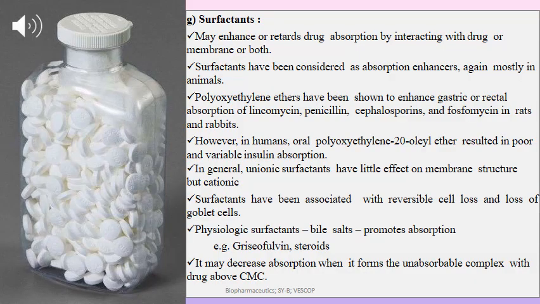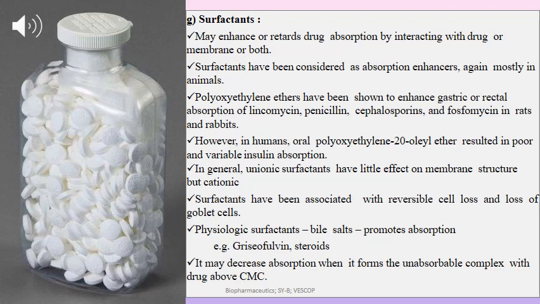Now, surfactants are widely used in pharmaceutical formulations for various purposes, such as wetting agents, solubilizers, emulsifiers, etc. They may enhance or retard the drug absorption. Surfactants increase the absorption of drugs in the cases where they enhance the wetting properties and dissolution of drugs, for example, Tween 80.